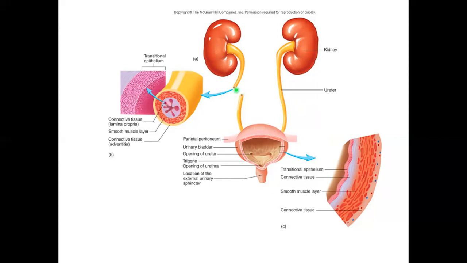If we take a cross section of the ureter, notice the ureter has connective tissue on the outside, right? But it also has smooth muscle for contraction, for peristalsis, and then it has more connective tissue, and then it has transitional epithelium. So on that internal layer, if we zoom in a little bit, that internal layer is transitional epithelium, all right?